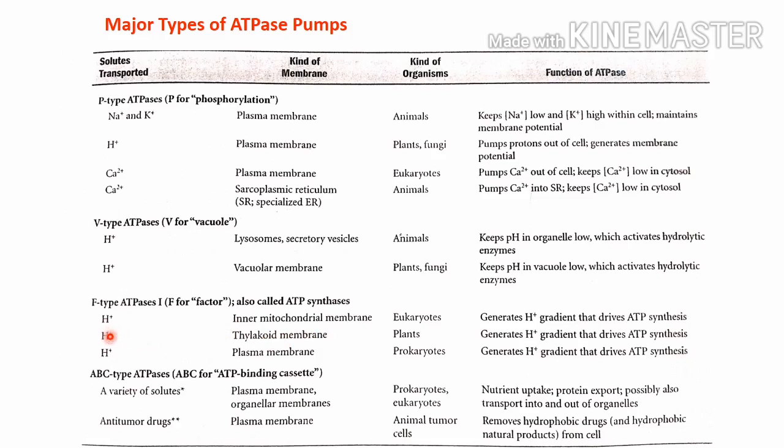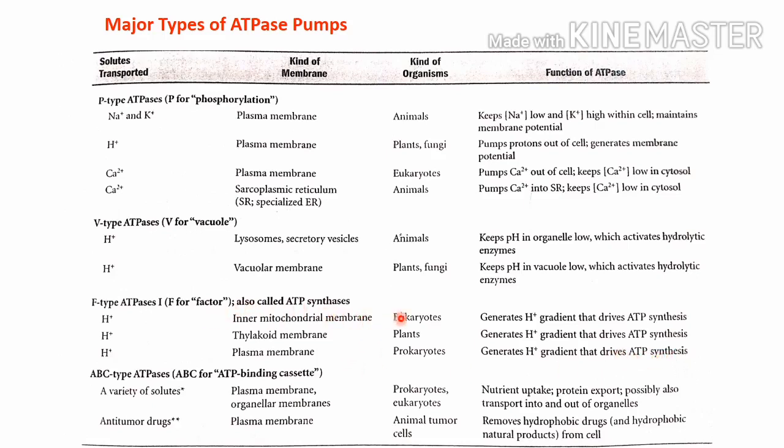These hydrogen ions are transported down their concentration gradient, that is from the thylakoid membrane of the chloroplast towards the grana, and here the hydrogen ion gradients drive the ATP synthesis. Similarly, in prokaryotes, the hydrogen ion gradient is maintained by the plasma membrane and drives the ATP synthesis.